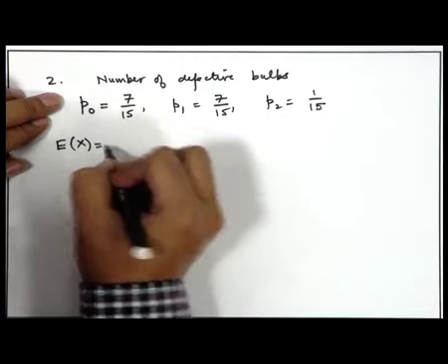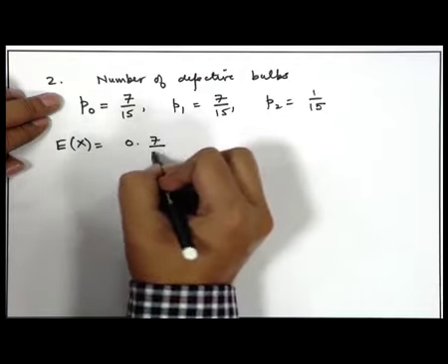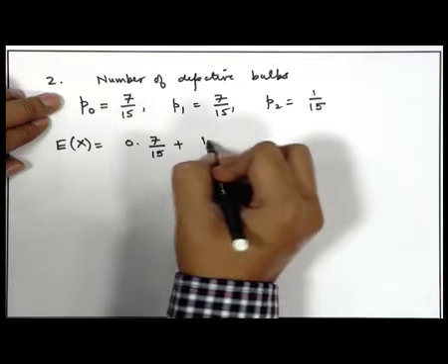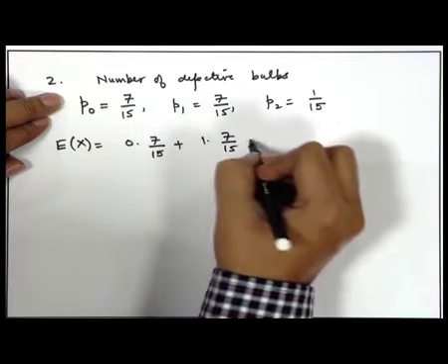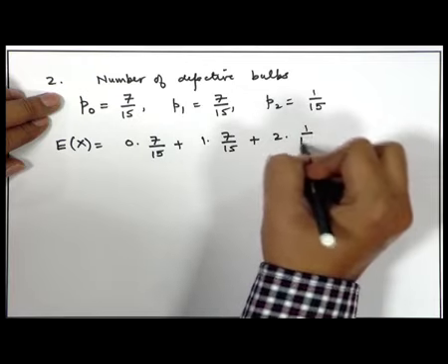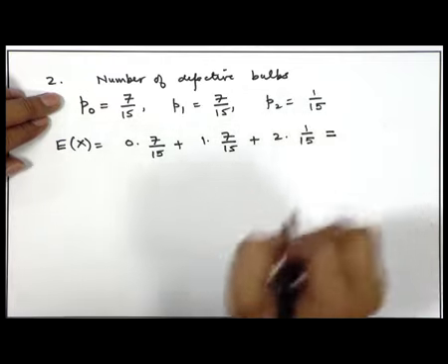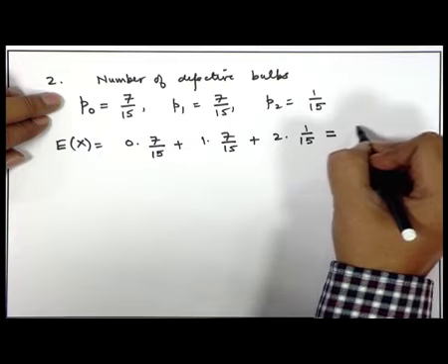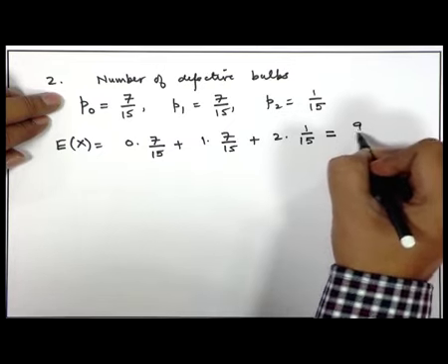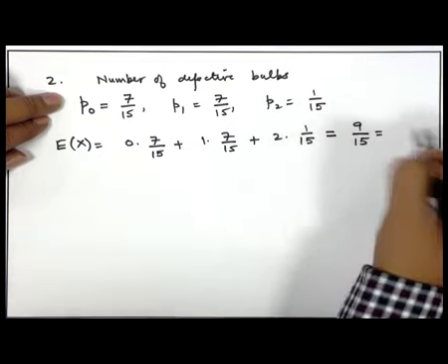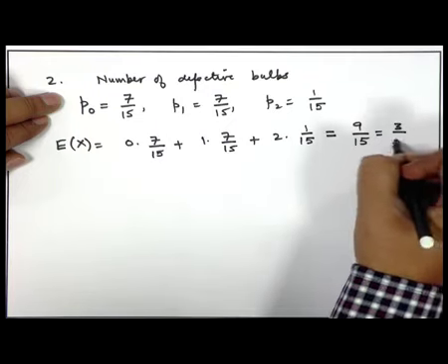So, expectation of x becomes 0 into 7 by 15 plus 1 into 7 by 15 plus 2 into 1 by 15, that is equal to 9 by 15, that is equal to 3 by 5.